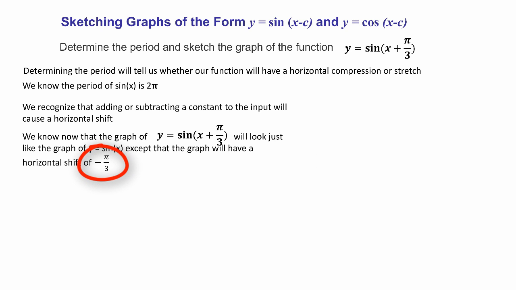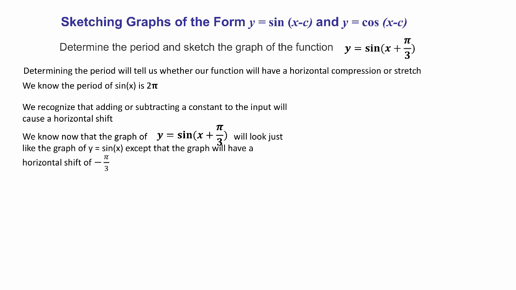So the graph of sine of x plus pi over 3 is going to look almost exactly like the graph of y is equal to sine of x, except that we're going to shift that graph to the left. In other words, a horizontal shift of negative pi over 3. So we shift it to the left by pi over 3 units.